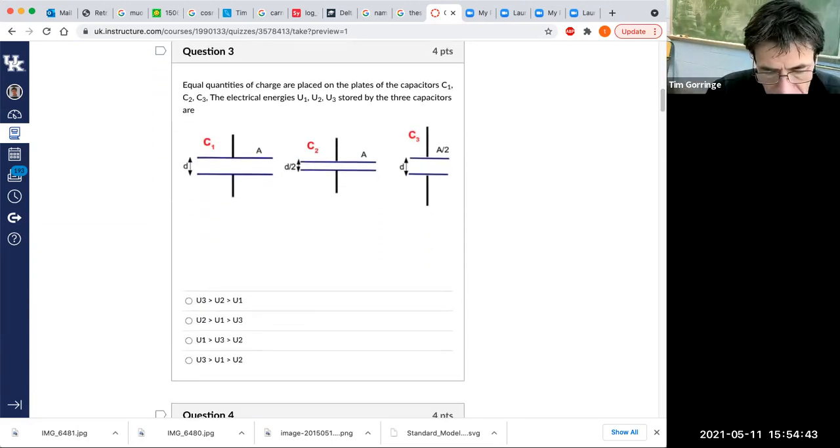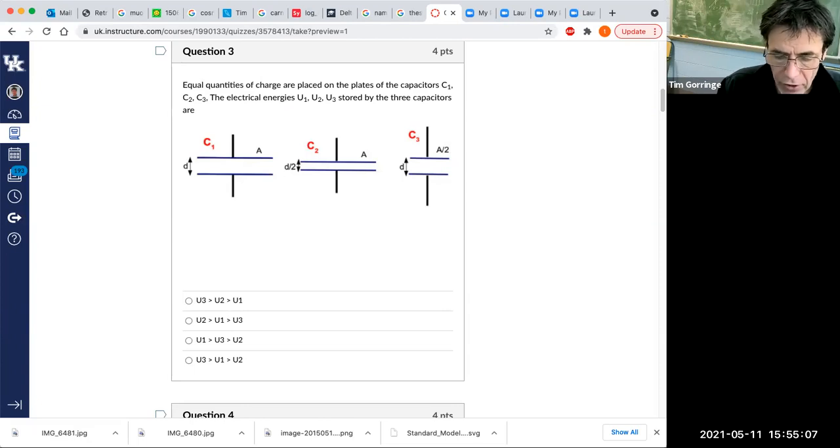Okay, next question. We're asked to compare three capacitors, C1, C2, C3. They're drawn. We see their plate separations and their plate areas are in general different, and we're going to imagine placing equal quantities of charge on the plates of the capacitors.